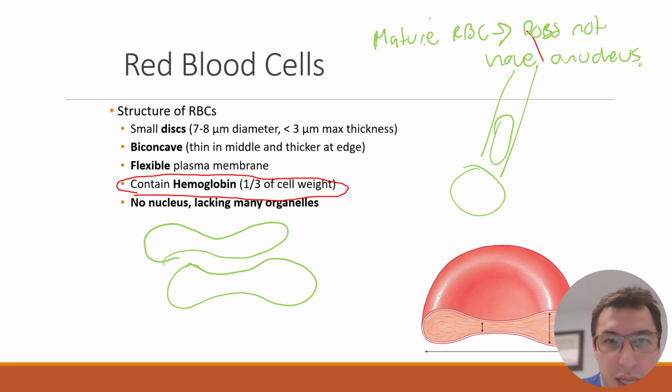You have erythrocyte colony forming units. These units get stimulated by something that is called EPO, erythropoietin, that is released by the kidney.